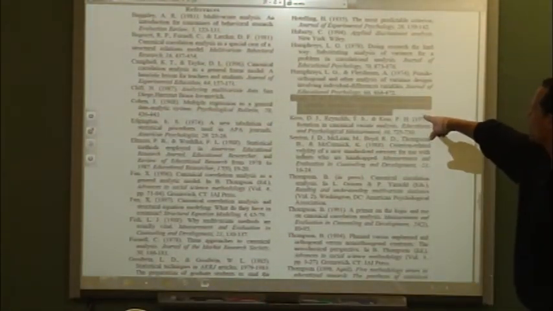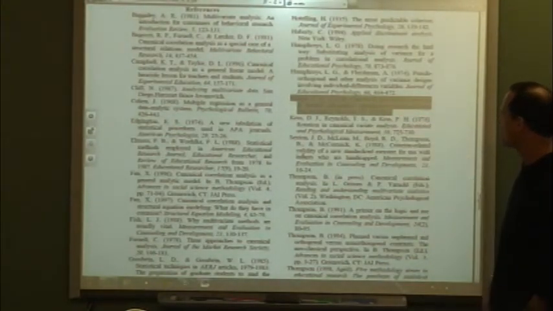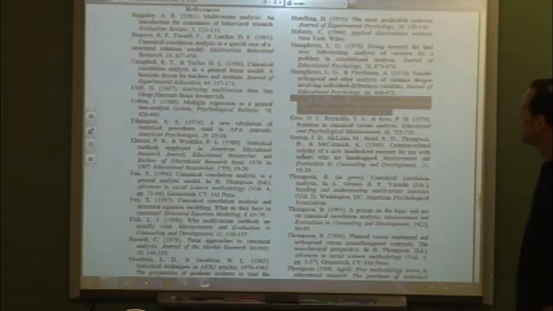Let's see if it even has that reference. That's it, it was by Knapp, 1978. I haven't looked at that article in decades. Canonical Correlation Analysis, a General Parametric Significance Testing System by T.R. Knapp, 1978, Psych Bulletin. Great article, you guys, great article.